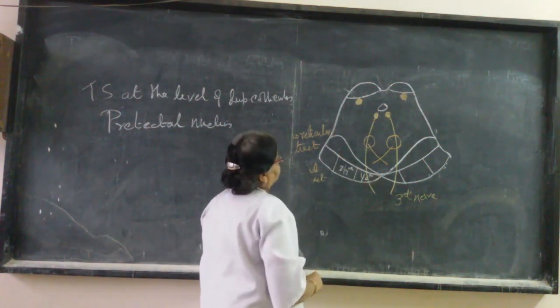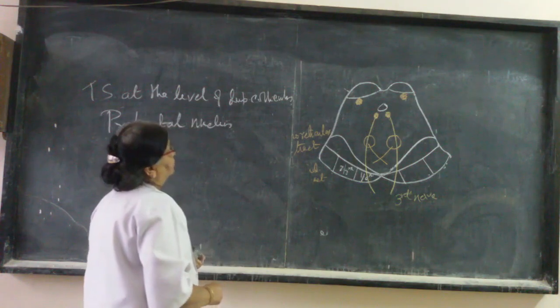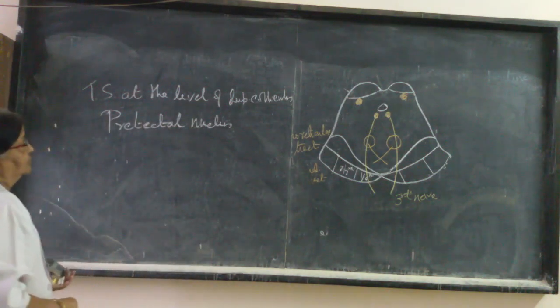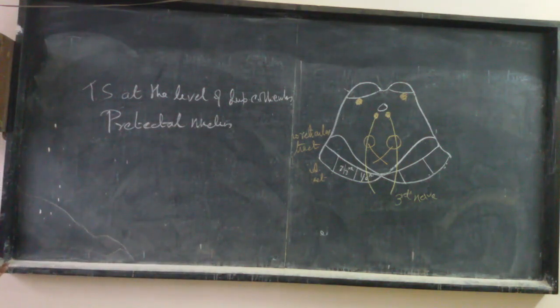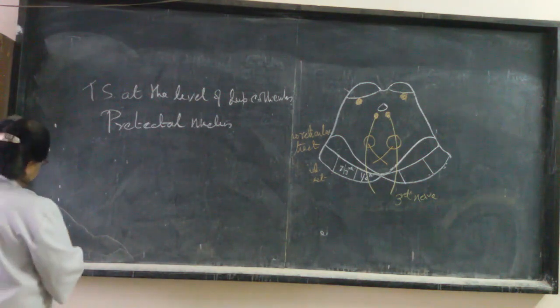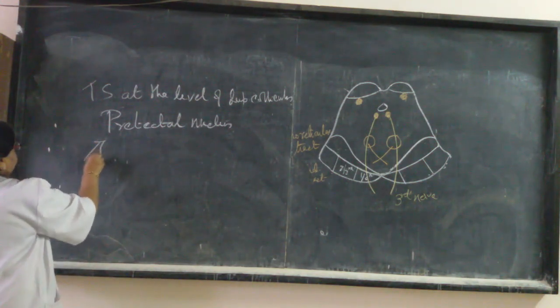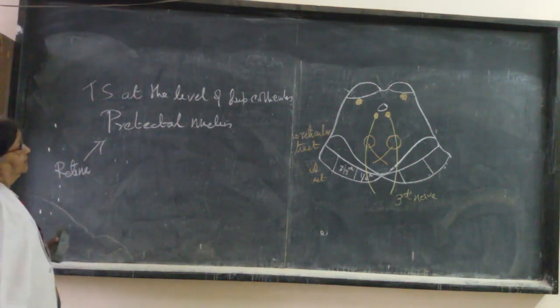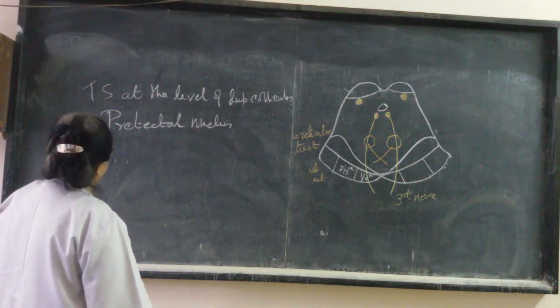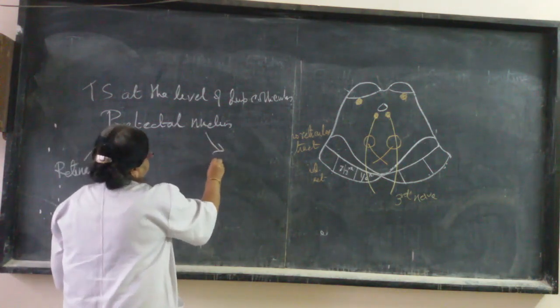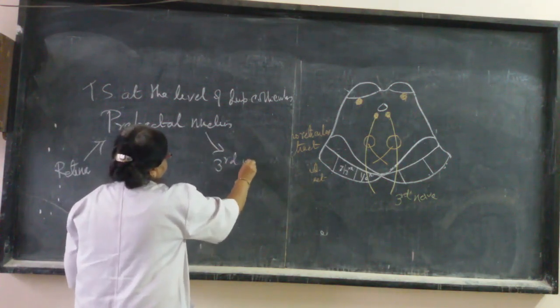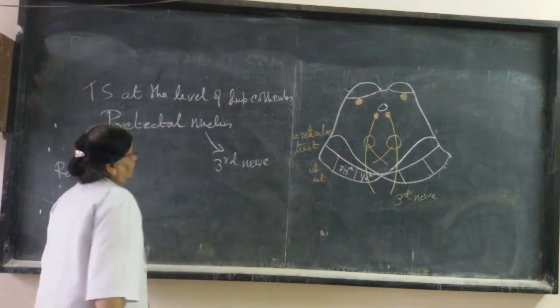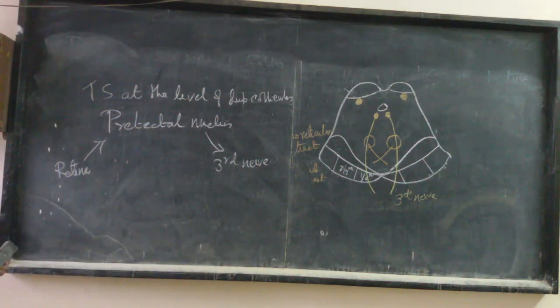It receives fibers from the retina and gives out fibers to the third nerve nucleus. The pretectal nucleus comes in the visual reflex pathway.